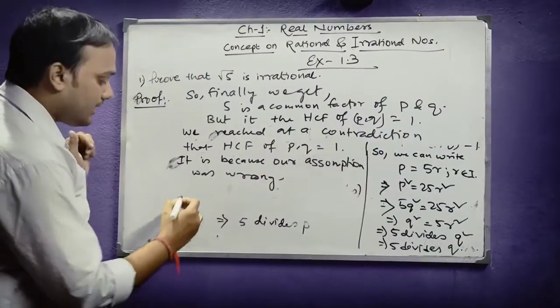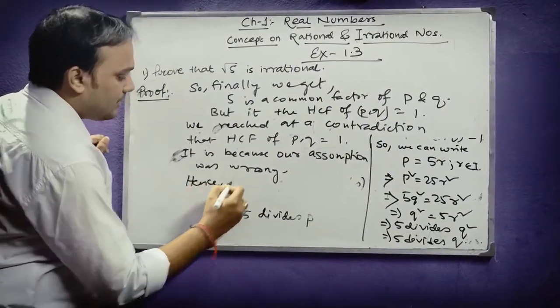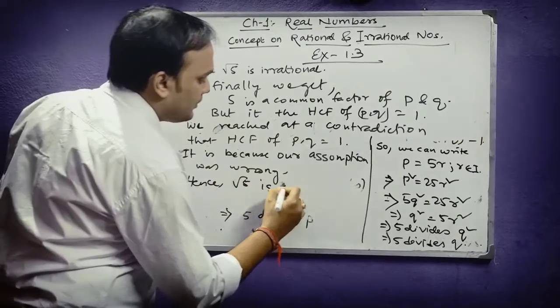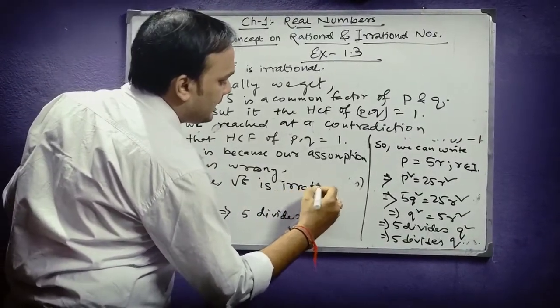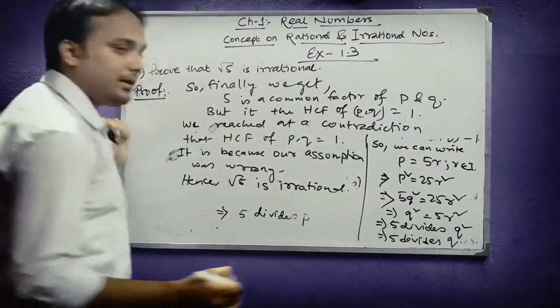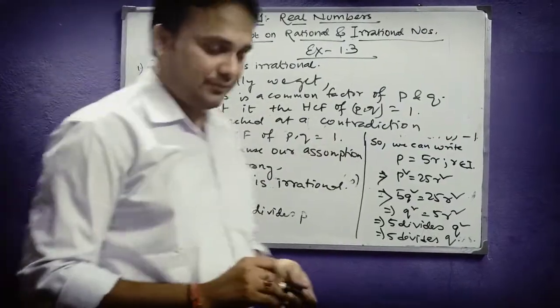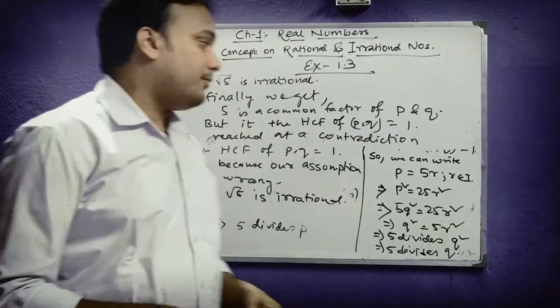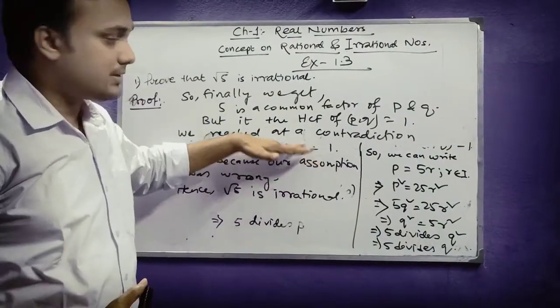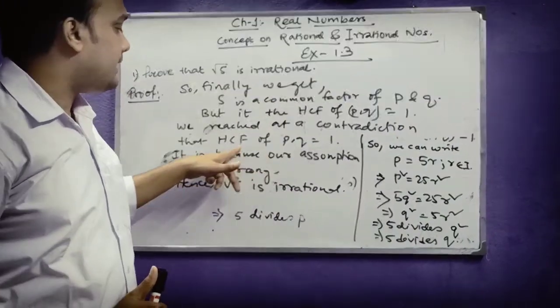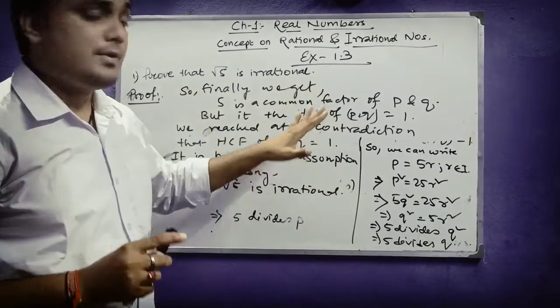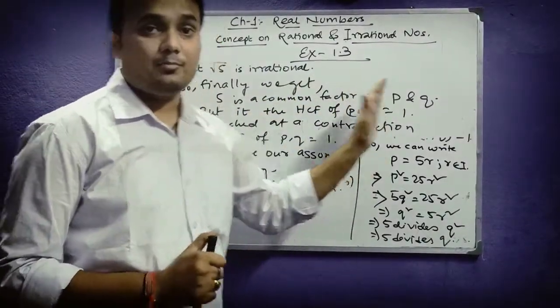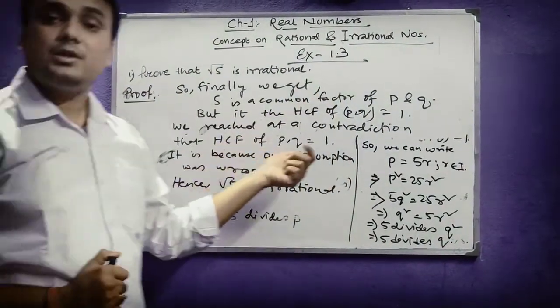So finally we conclude that root 5 is not rational, it is irrational. That means the assumption we made before was actually wrong. Why was it wrong? Because we reached one stage of the calculation where we get the common factor as 5, but our HCF of P and Q was only 1.